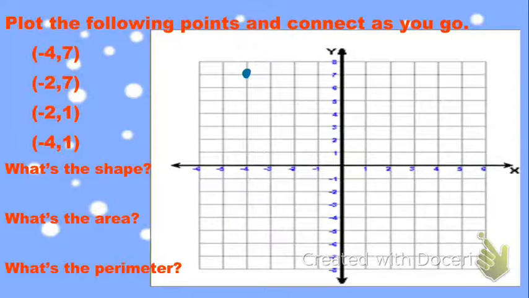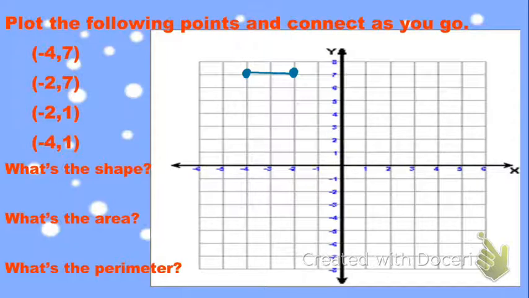So now let's do the next one. -2, 7. So we'll go backwards 2 and up 7. Now let's go ahead and connect those two because we know that we're making a shape. That's why we know we should connect it. So let's draw a line across to make the first part of our shape. Then we have -2, 1.